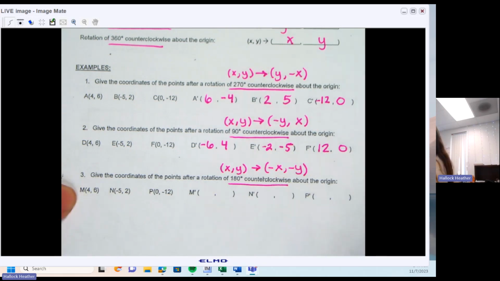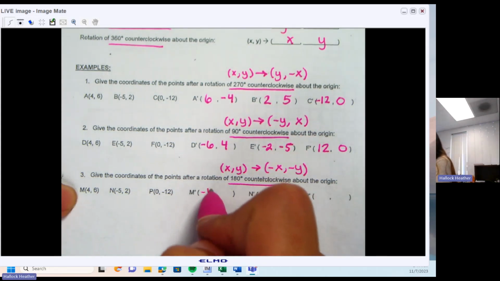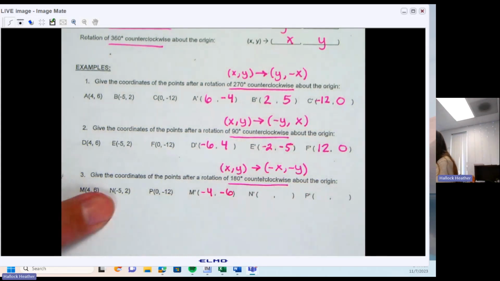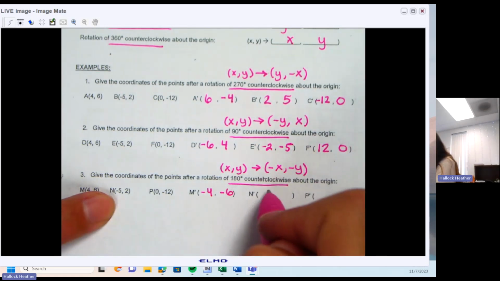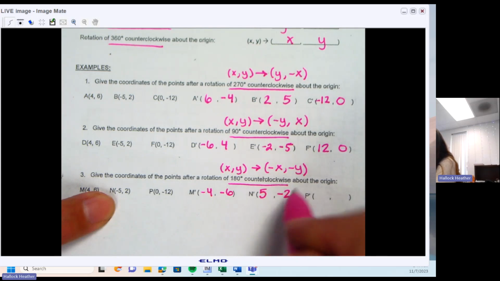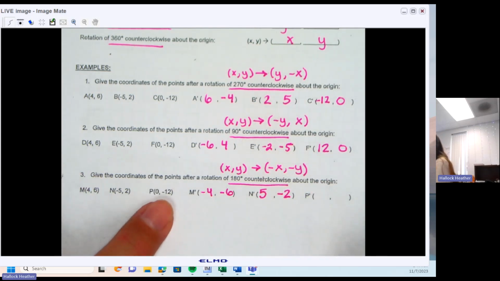What's it going to be now? -4, -6. N was -5, 2, so now it's going to be 5, -2, good. And then P was 0, -12, what's it going to be now? 0, 12.